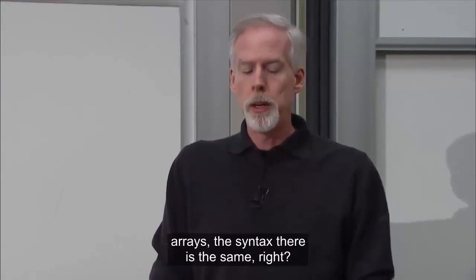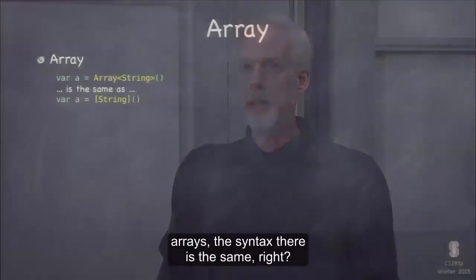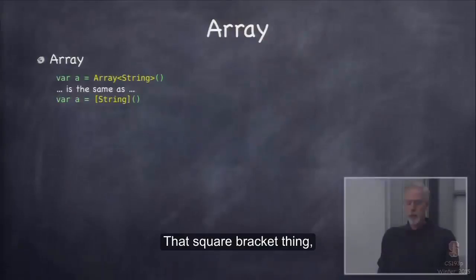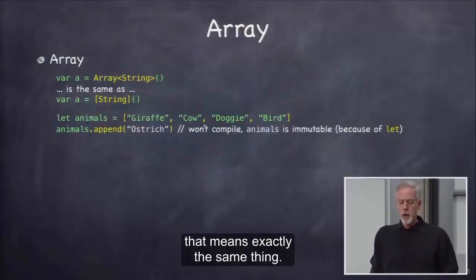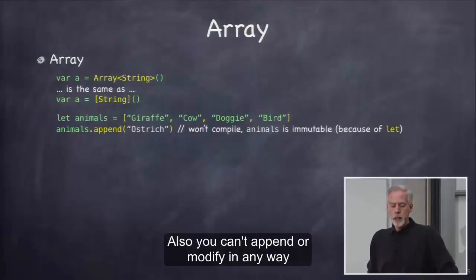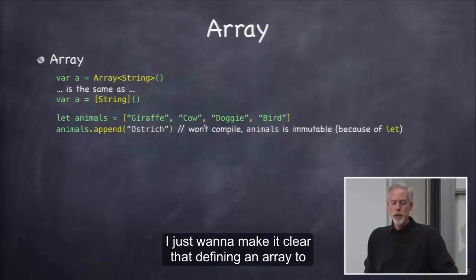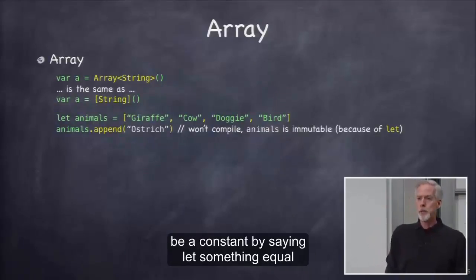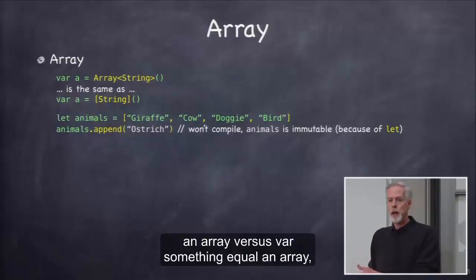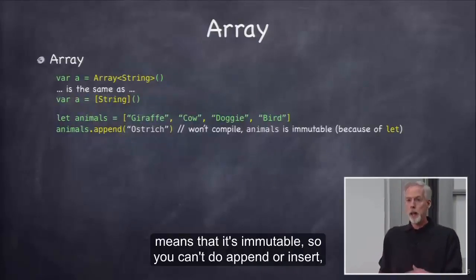All right, so array. We covered this, so I'm going to go really fast through this, but for arrays, the syntax there is the same, right? That square bracket thing means exactly the same thing. Also, you can't append or modify in any way an array that is a let, right? That's a constant array. I just want to make it clear that defining an array to be a constant by saying let something equal an array versus var something equal an array means that it's immutable.